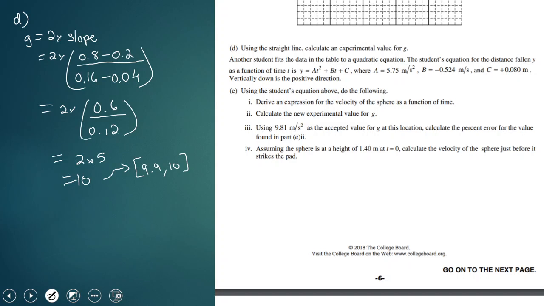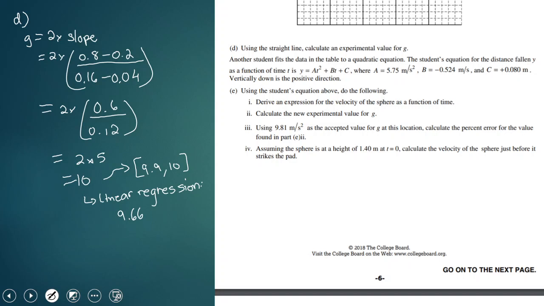Now, if you did an actual linear regression for this, which if you do know how to do, it can help to get precise answers based on the data points, but then the value you would get would be 9.66.